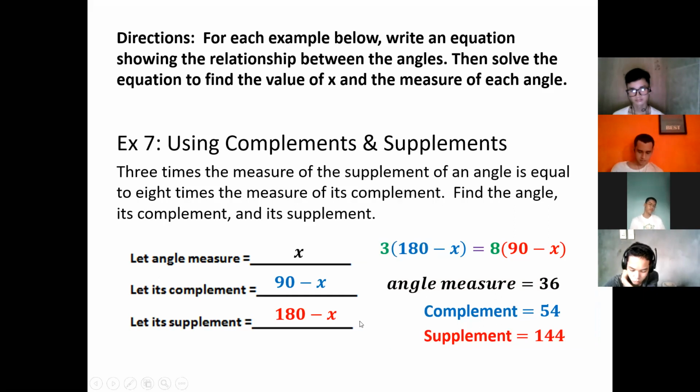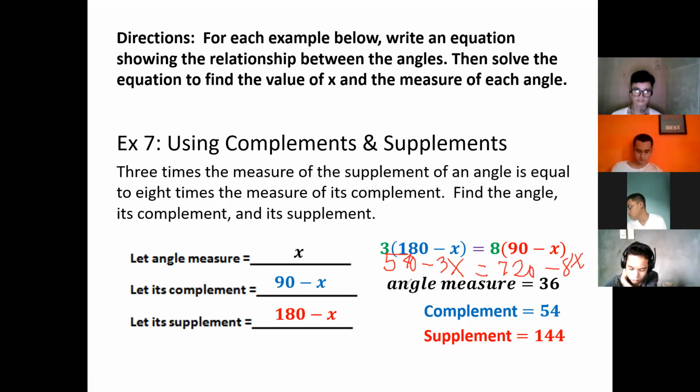How about let's solve it properly then. So 3 times 180, that is 540, minus 3x is equal to 8 times 90 is 720 minus 8x.